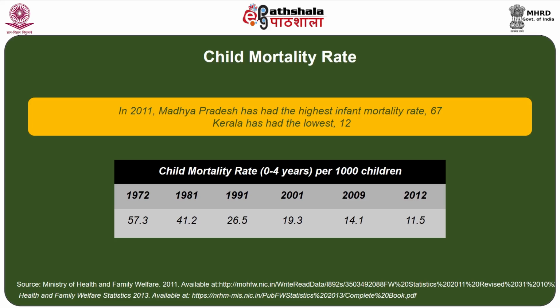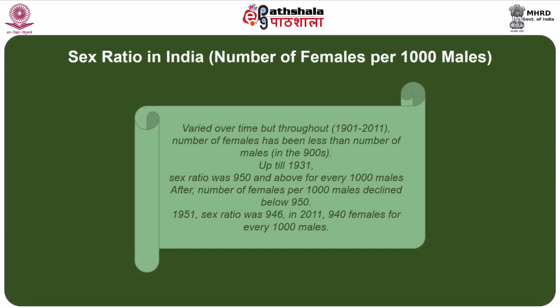So that is why state-wise variations should be taken note of while implementing child-related programs in the respective states. So there is a clear-cut reduction noticed during the 40-year period when we see the extent of reduction in child mortality. The other dimension in demography is the sex ratio, that is the number of females per 1,000 males.